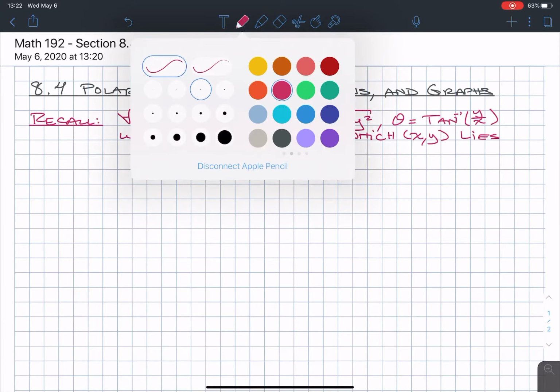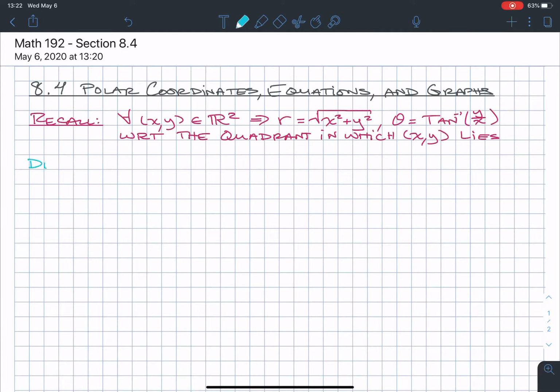So, definition. Let (x, y) be a point in the plane.